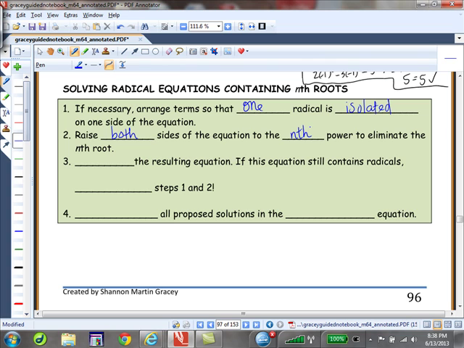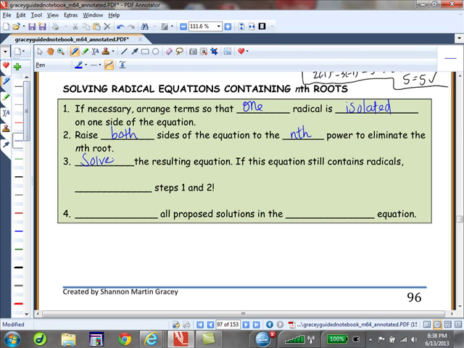Whatever your index is on your radical, you raise both sides to that power to eliminate the nth root. Solve the resulting equation. Now, a lot of times you're going to end up with a quadratic, right? So you're going to have to use all your earlier skills, problem solving and equation solving skills in these problems.